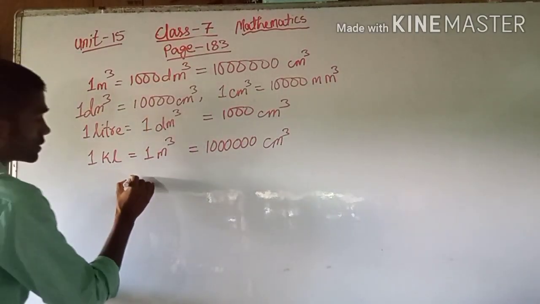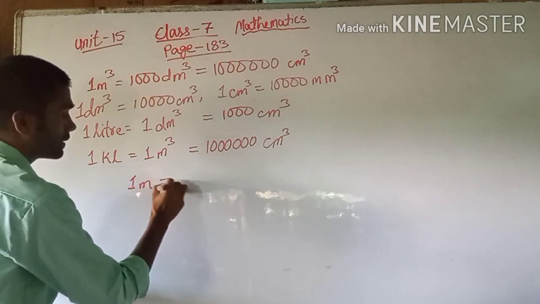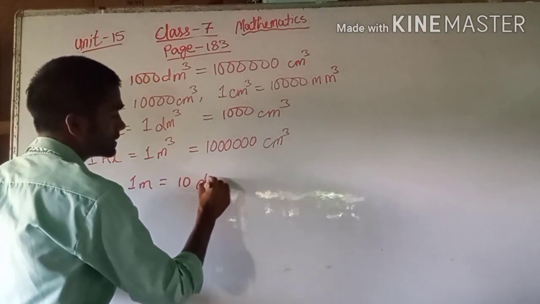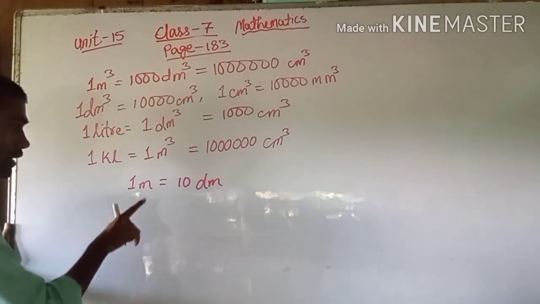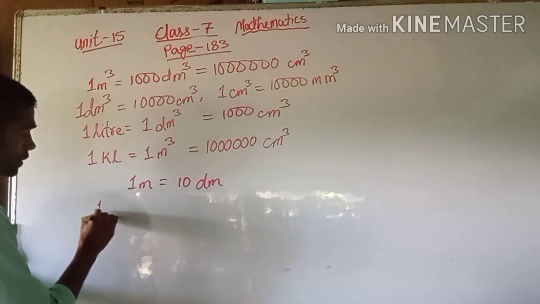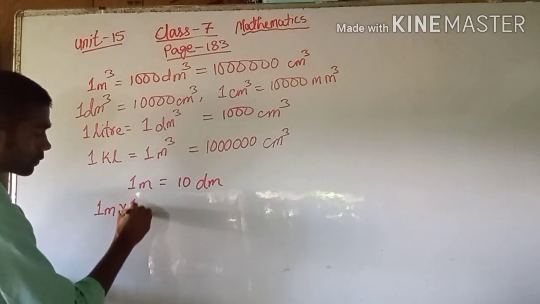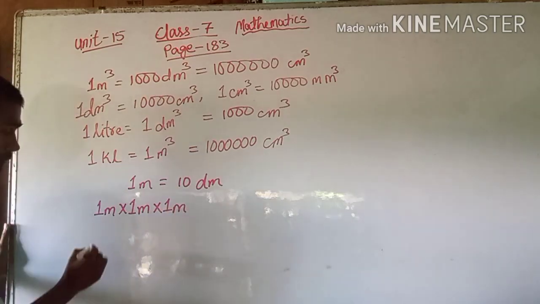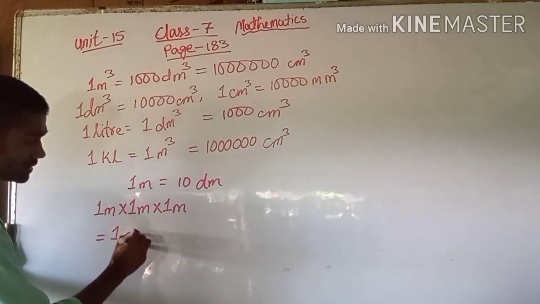How is it? We have learned that 1 meter will be equal to 10 decimeter. Now if we are converting this unit into cubic unit, then 1 meter, again 1 meter, again 1 meter, will be equal to 1 meter cube.